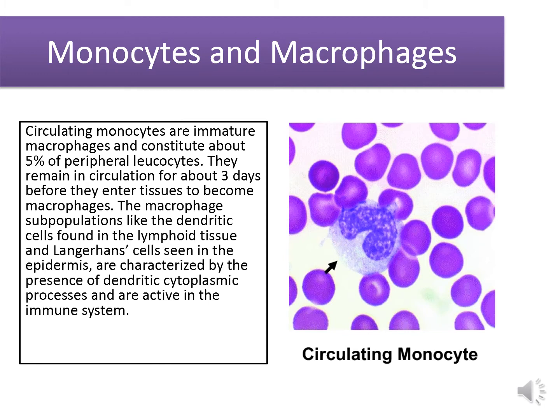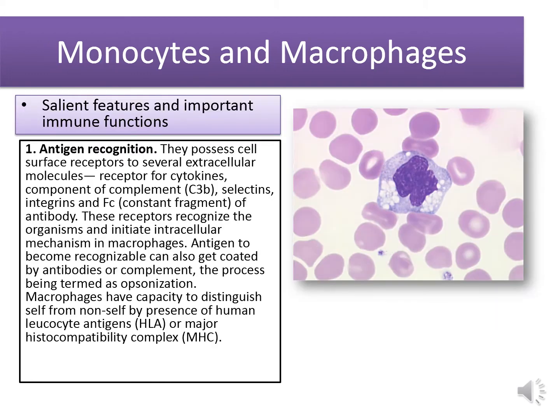The macrophage subpopulations, like the dendritic cells found in the lymphoid tissue and Langerhans cells seen in the epidermis, are characterized by the presence of dendritic cytoplasmic processes and are active in the immune system. So here you see the circulating monocyte; the arrow shows this cell.